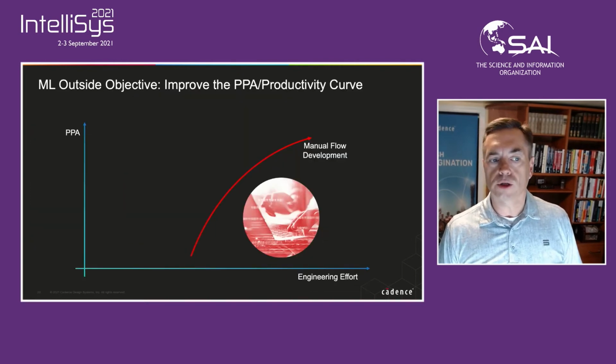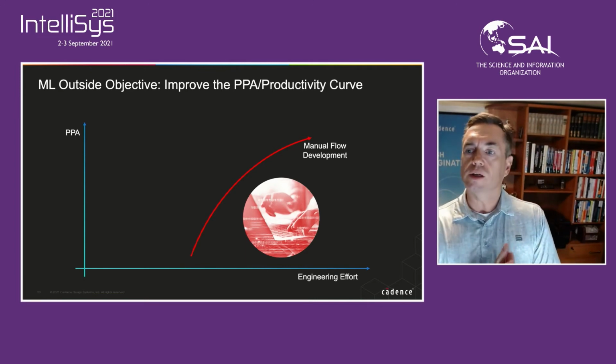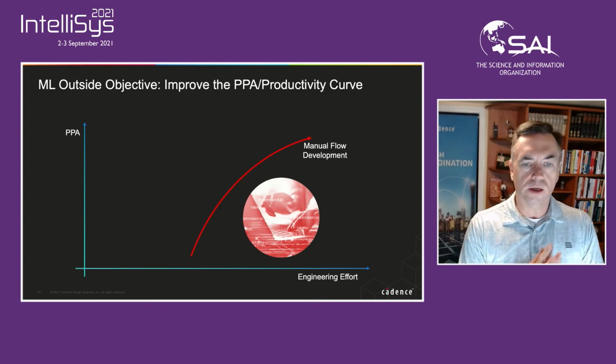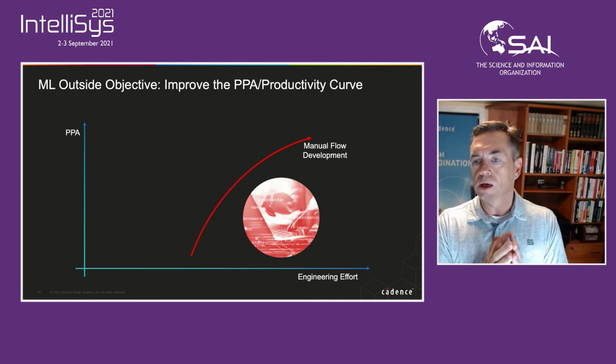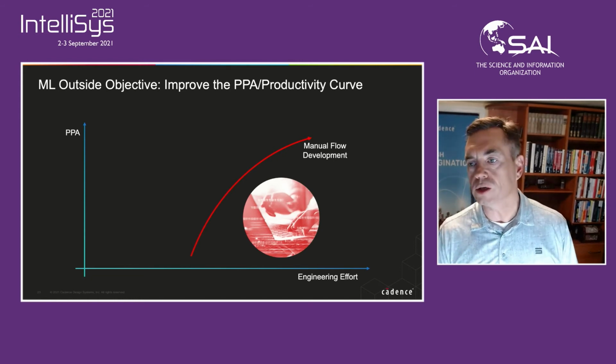The second portion I had mentioned is this notion of ML outside, where we're essentially capturing the user's experience, the developer's experience, and assisting the developer to become more efficient.